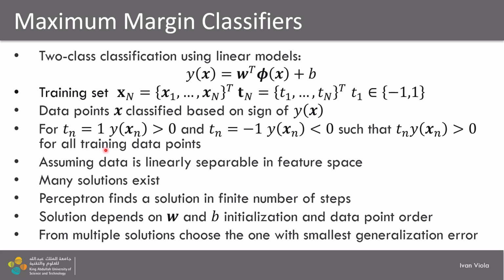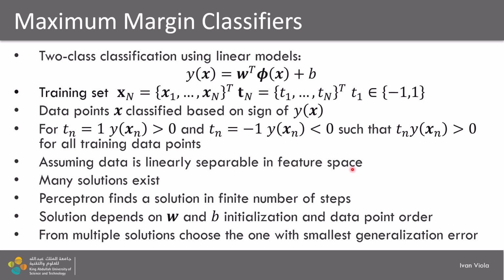Now, for the example here, we are assuming that our data is linearly separable in feature space. So there is a solution to find a line in the feature space so that we can divide the points into the two classes according to the training data.